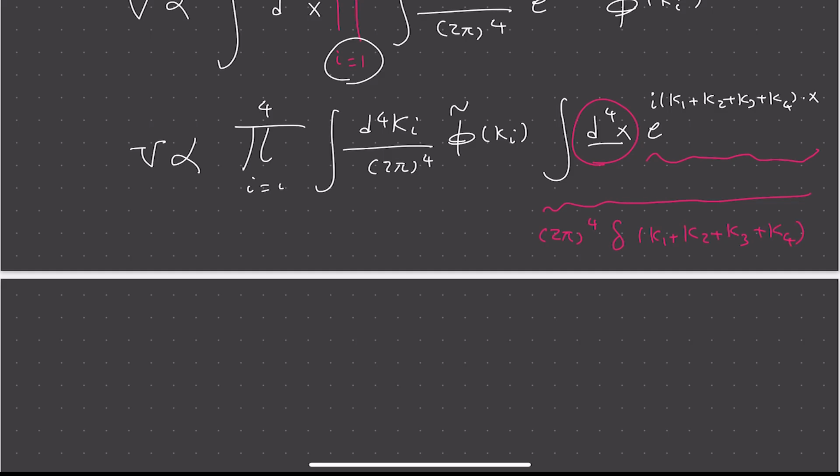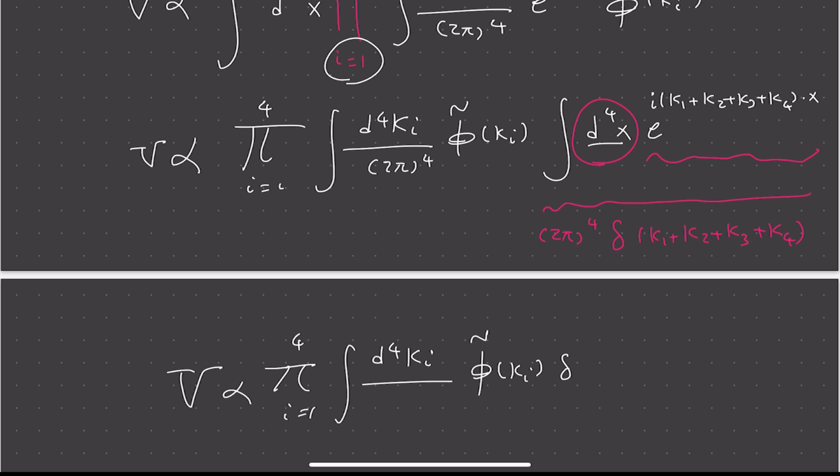So you're going to have a potential proportional to the product of d^4k_i over (2π)^4. The (2π)^4 cancels the (2π)^4, so I don't have to write it down. Then I'm going to have φ-tilde of k_i, and then δ(k1 + k2 + k3 + k4).